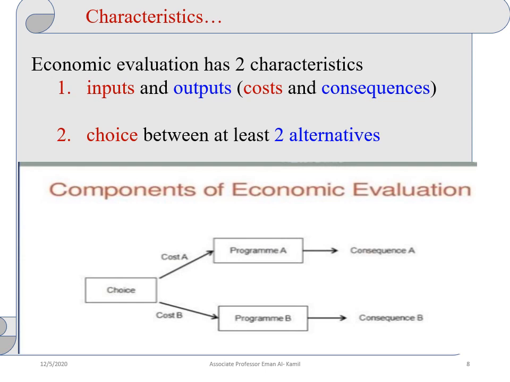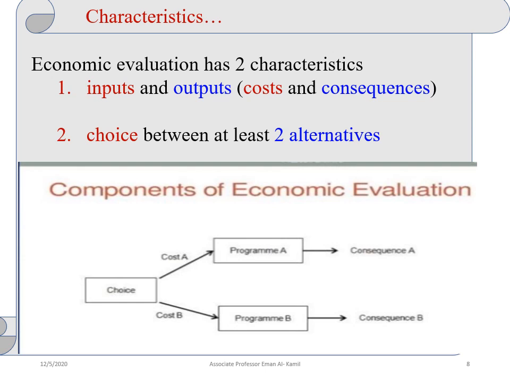In economic evaluation, as we said, we have input and output. The input is the cost and the output is the consequences or result. And we have two choices, two costs, and we are going to make our choice by choosing the program according to the method of economic evaluation which we are going to use.